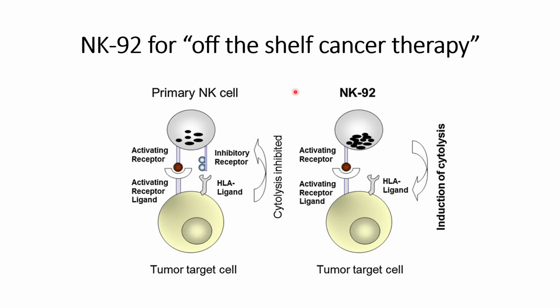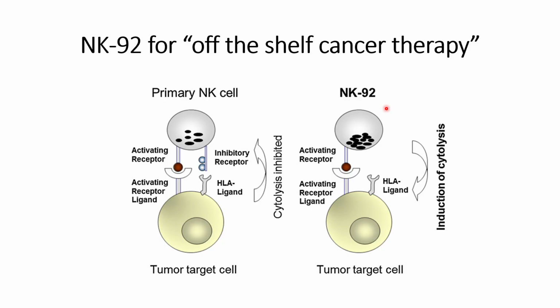One of the advantages of primary NK cells from the patient is that the possibility of immunogenicity is very low, and people have seen that NK-92 cells also do not show much immunogenicity, or show tolerable immunogenicity. So this might be an advantage, but one thing also needs to be taken care of or observed during treatment, which is the immunogenicity level, or whether it reaches the threshold or not.